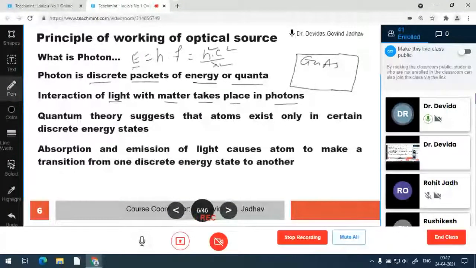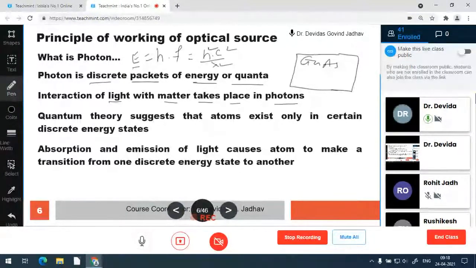So interaction of light with matter takes place in photons. Photons interact with light as well as matter. Photons get absorbed, photons get radiated, they get absorbed and re-radiated.